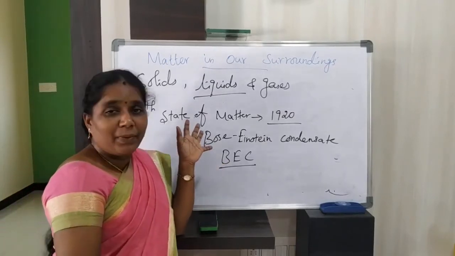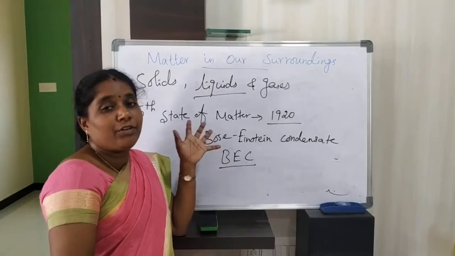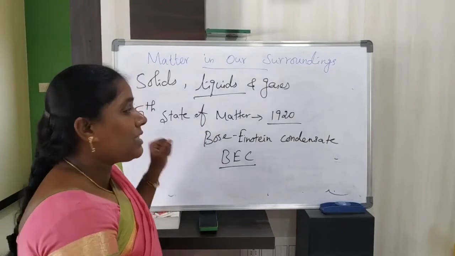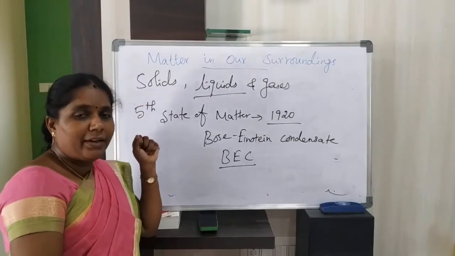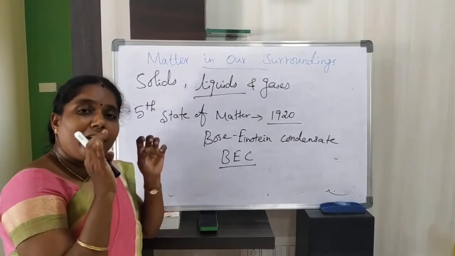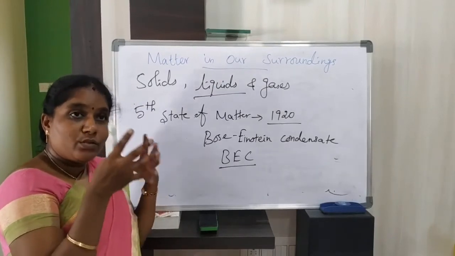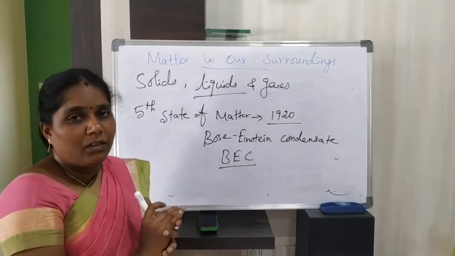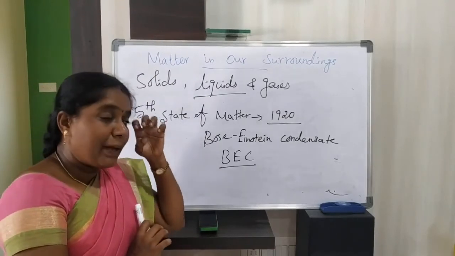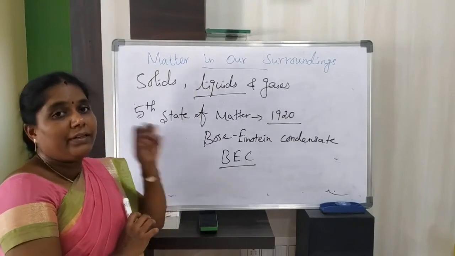After that, three American scientists received the Nobel Prize for this Bose-Einstein condensation process. This is called the fifth state of matter, made by reducing the density 100,000 times compared to normal air, as well as the temperature.